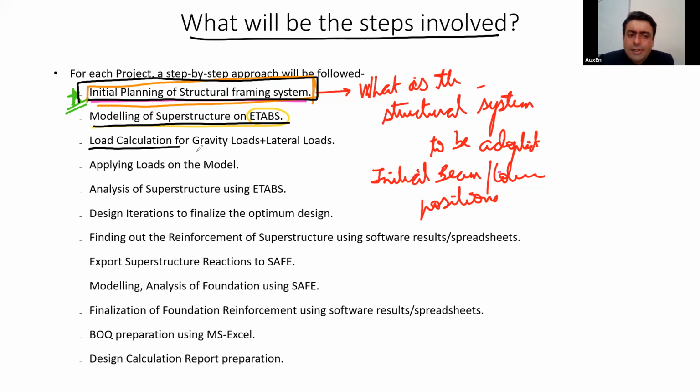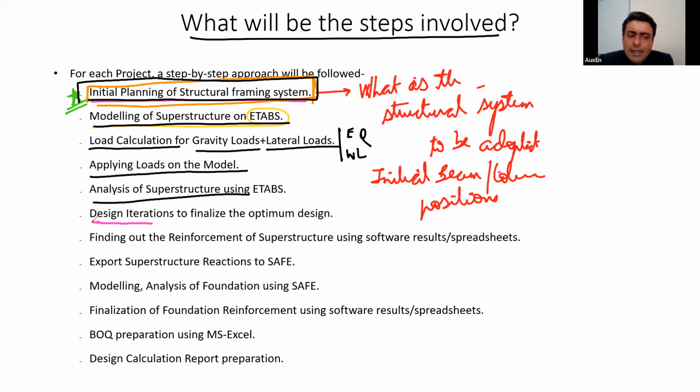The load calculations will involve gravity loads and lateral loads, whichever is applicable. Okay. Once we calculate the load, then we will apply the load on the model. Once we do the load application, then we will go for analysis of superstructure using ETABS software for this program.